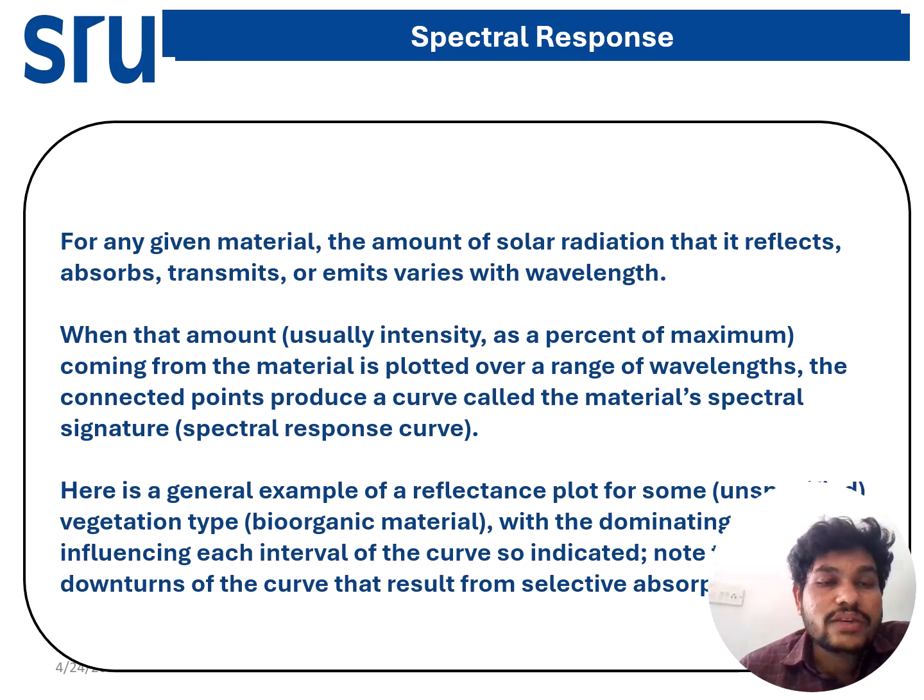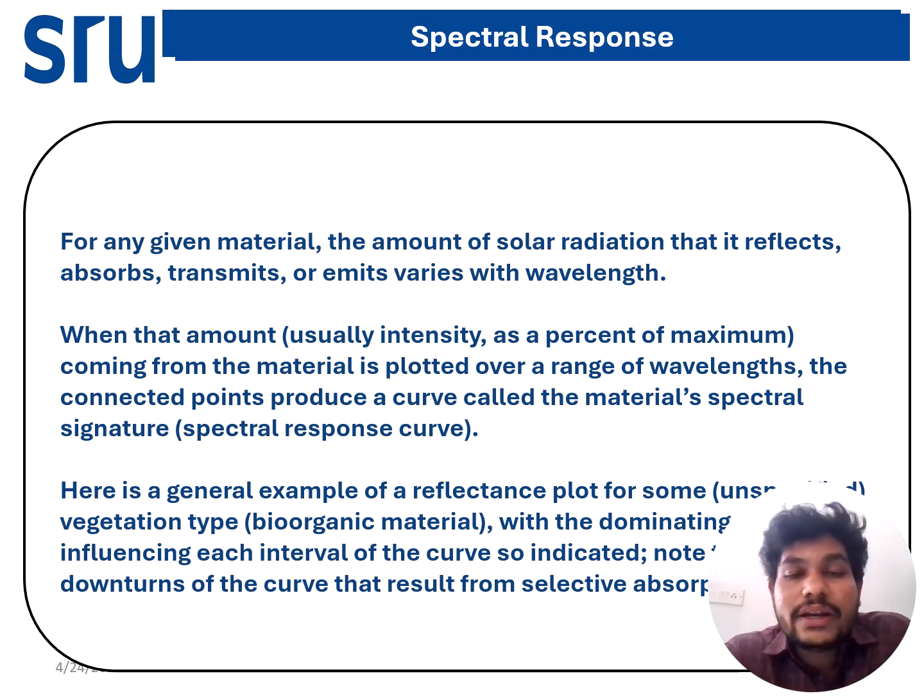For any given material, the amount of solar radiation that is reflected, absorbed, transmitted, or emitted varies with wavelength. When the amount coming from the material is plotted over a range of wavelengths and the points are connected to produce a graph, that is called the material's spectral signature. In this general example, you see the spectral reflection for some objects, with vegetation dominating.